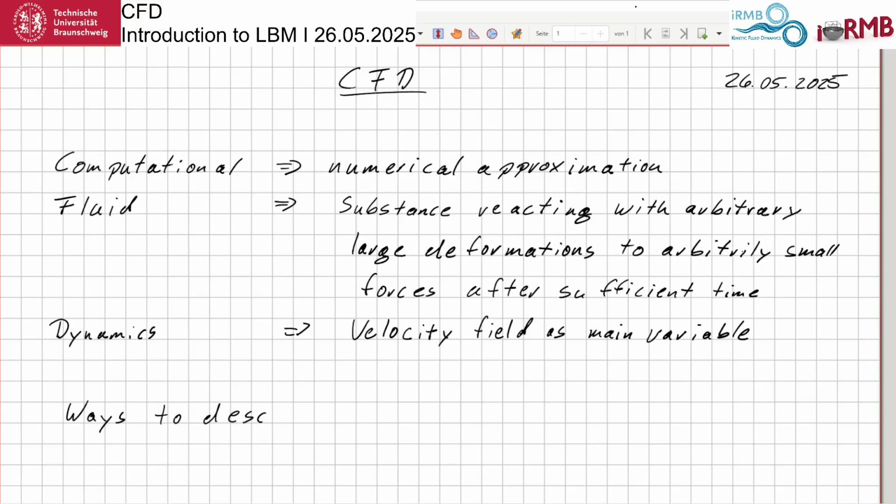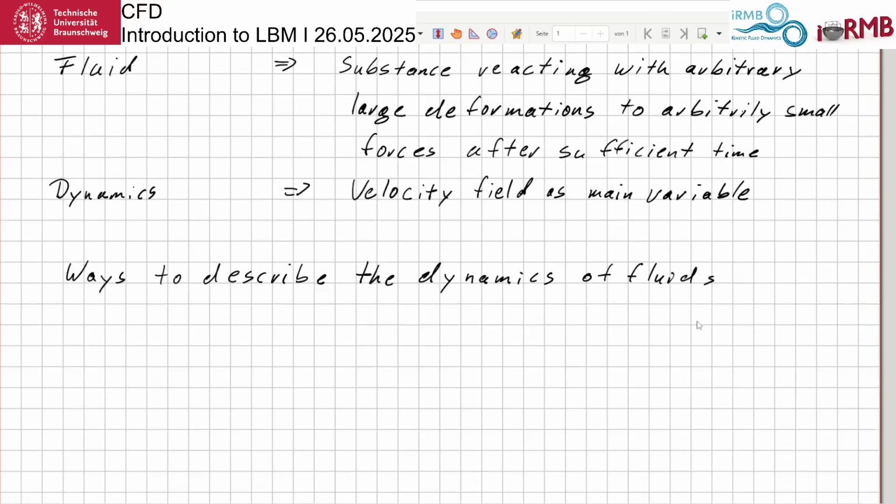There are different ways how you can model or describe the universe, and with regard to fluid dynamics, there are mainly, so there's always one that you forget potentially, but there are mainly 3 ways how you can describe this phenomenon or the system.